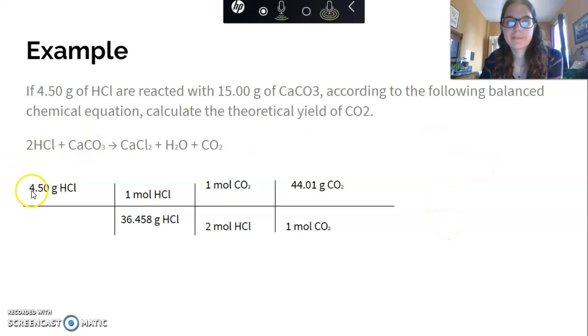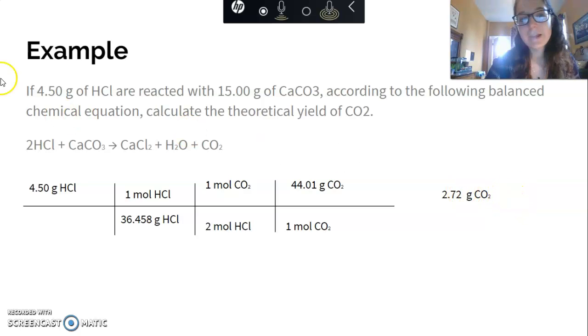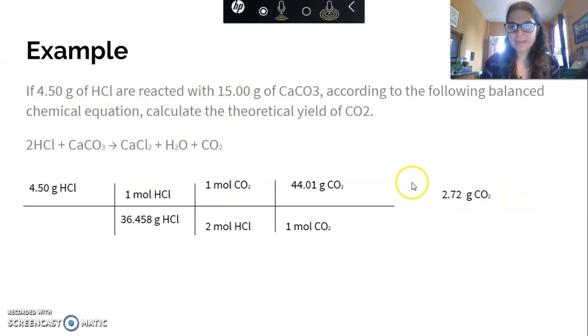So I have 4.5 grams times 1 divided by 36.458, times 1 divided by 2, times 44.01 divided by 1, and I find out that that would produce 2.72 grams of CO2 based on HCl.